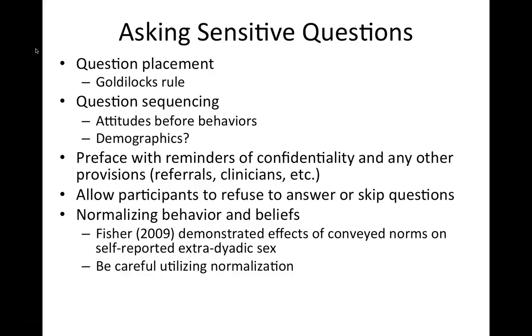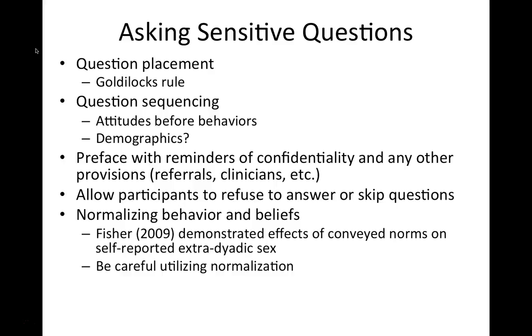And what they found was that the real participants who were in the more restrictive or rigid set of norm condition reported far fewer extradyadic sex events, or were much less likely to report having cheated on their partners, than the participants in the condition in which the research assistant conveyed that cheating on your partner was totally fine.